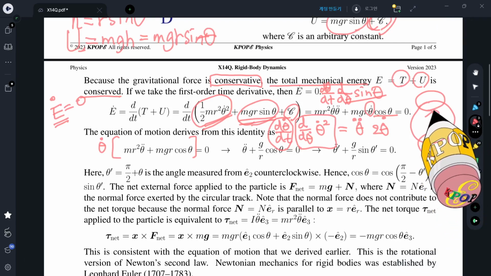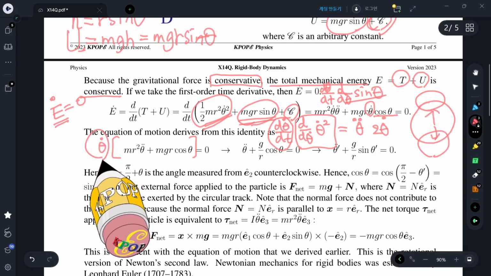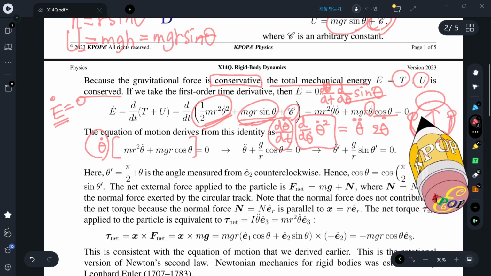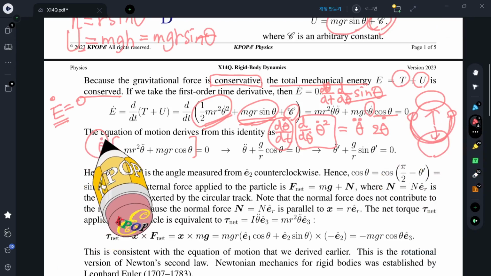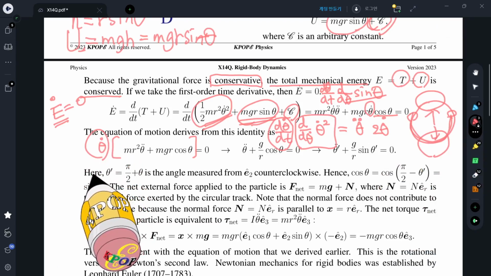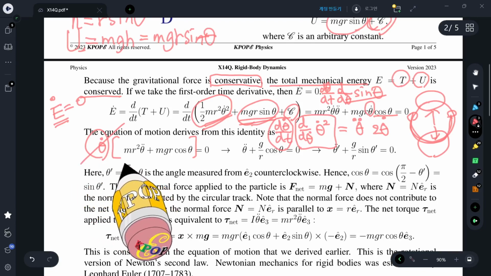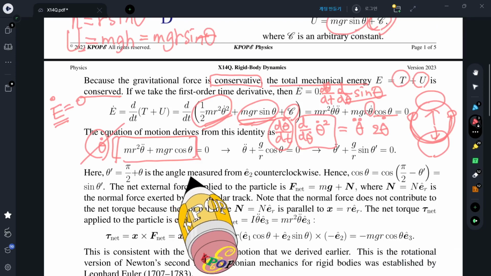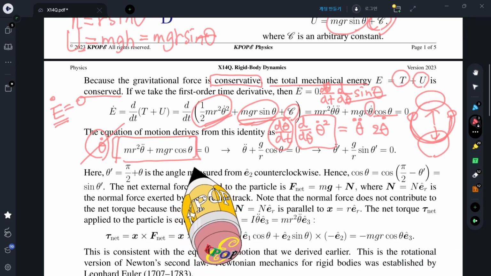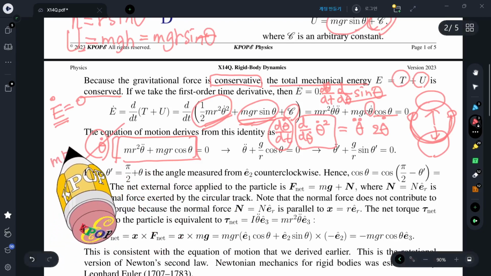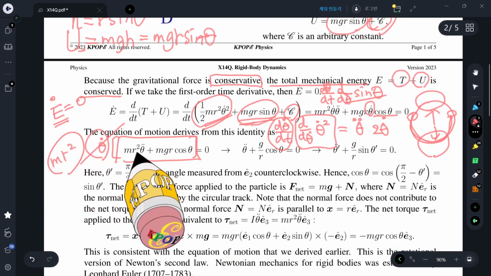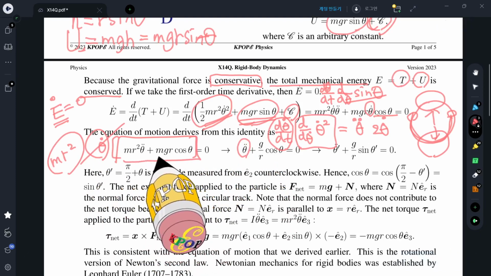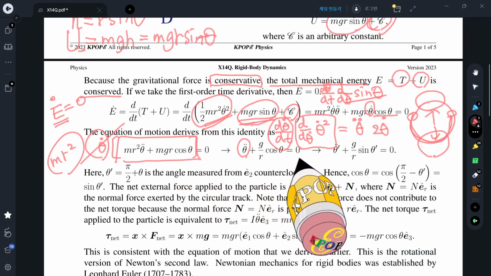Therefore, at some point theta dot could be 0 at something like a turning point, but in general theta dot does not have to be 0. So in that case, I cancel this to find that this is always 0. This is nothing but the equation of motion. I divide m r squared on both sides to find that we have the double time derivative of the angle and g over r cosine theta.